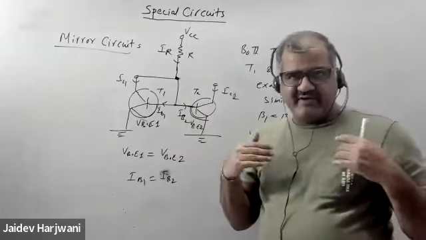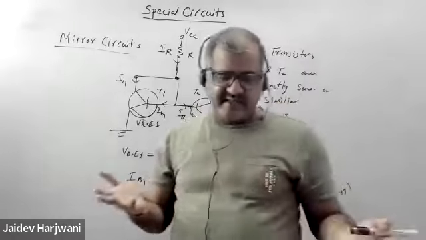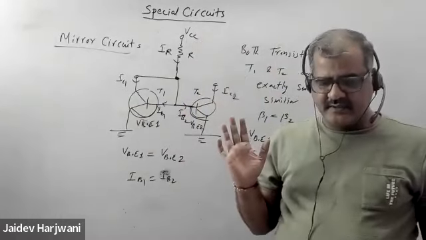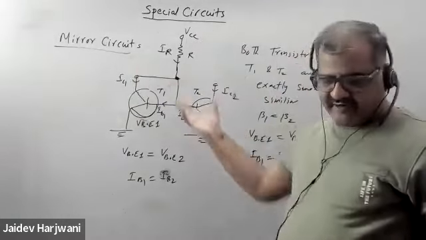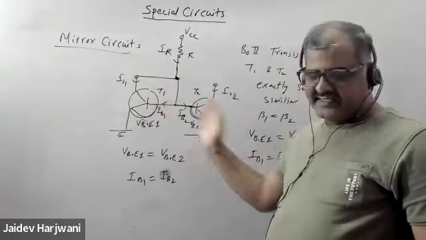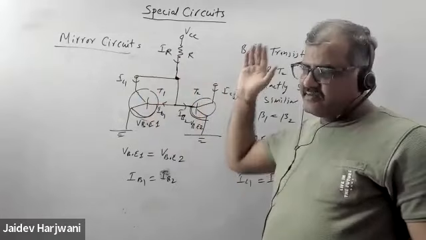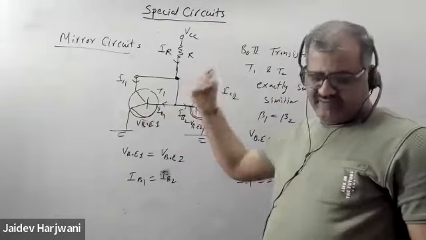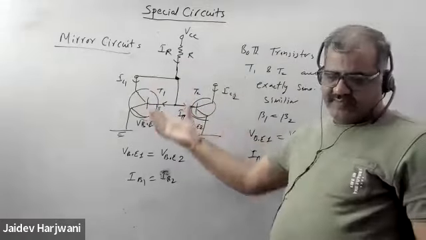If I have a circuit and I want to flow the same current in each transistor, then I need this kind of configuration. Once the bases are connected like this, the same current will be flowing in each transistor. There can be millions of transistors, there can be 2 transistors, 3, 4, 10, 100, so you can make mirror circuits like this.